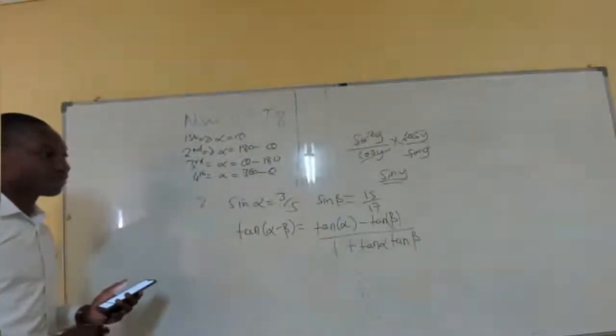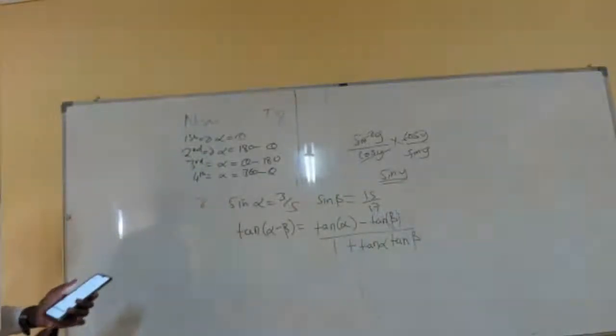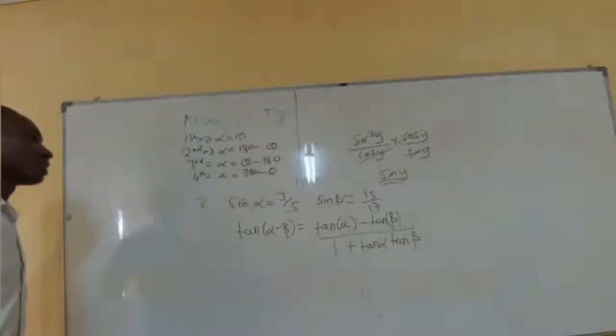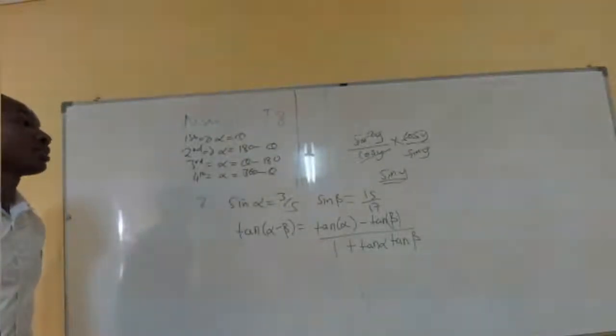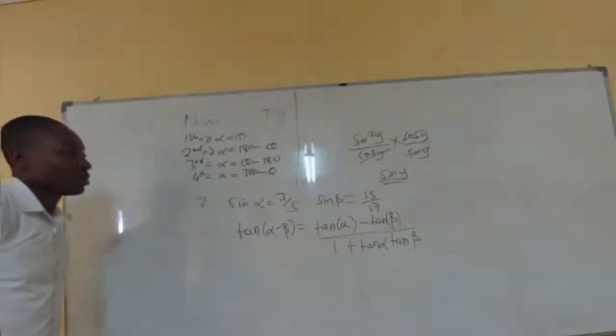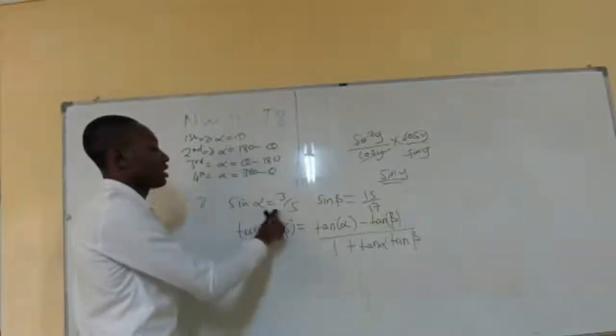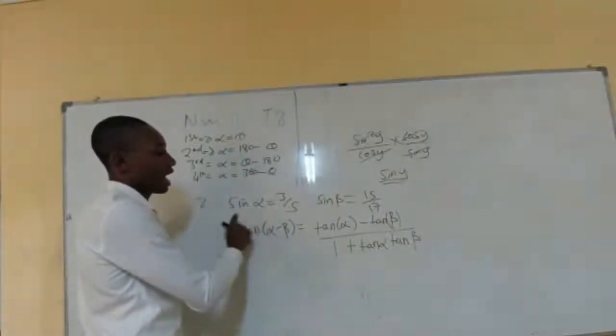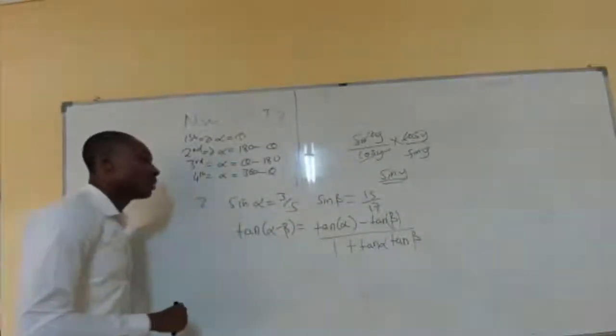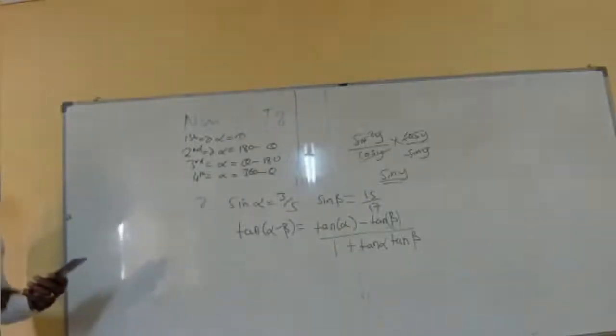Now, in this case, what you've been given is sine alpha as 3 over 5, and sine beta as 15 over 17. So what is tan alpha? You've been told that beta is in the second quadrant.